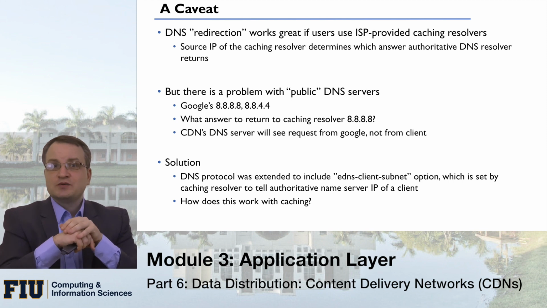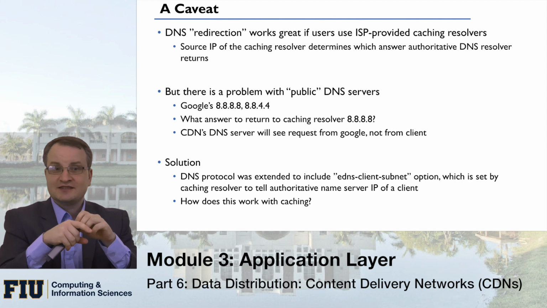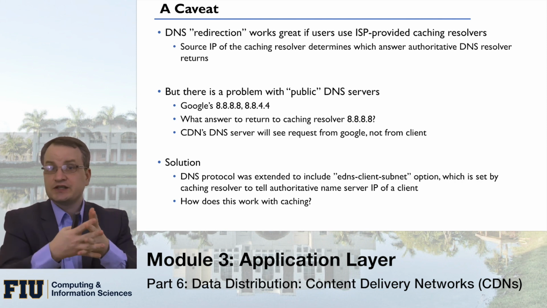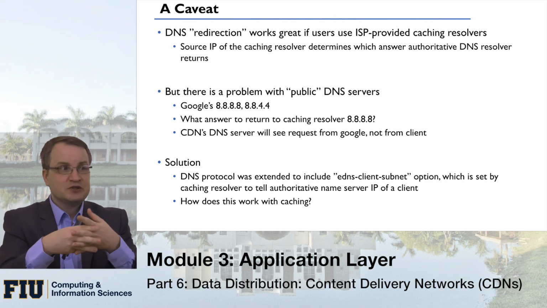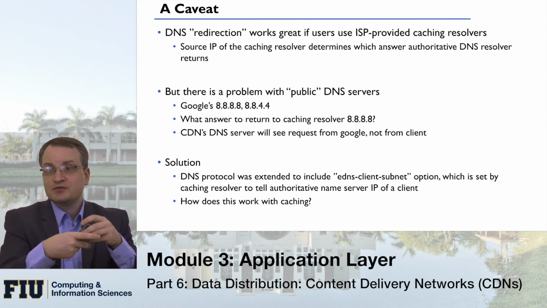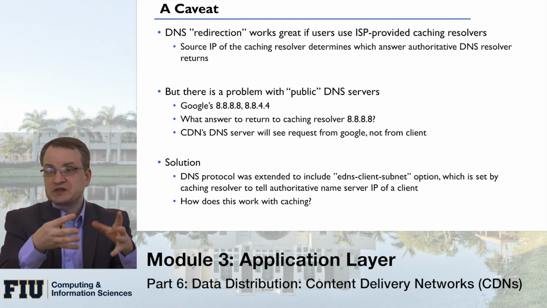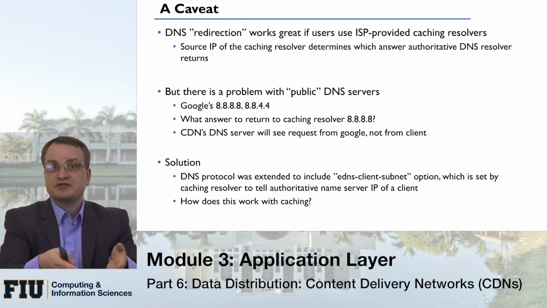The last part that I would like to mention here is that there are a few caveats. The original idea to abuse the DNS system was working quite well, because of the model of how DNS servers were working: in each ISP there was a dedicated cache and resolver.